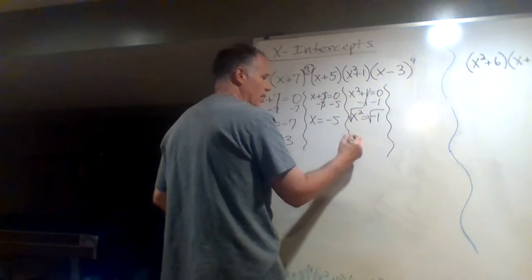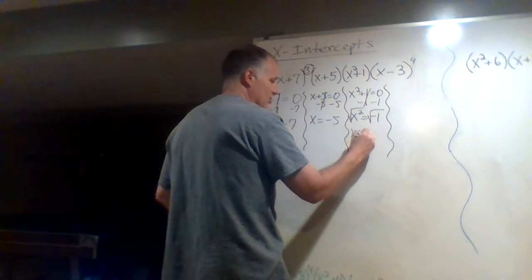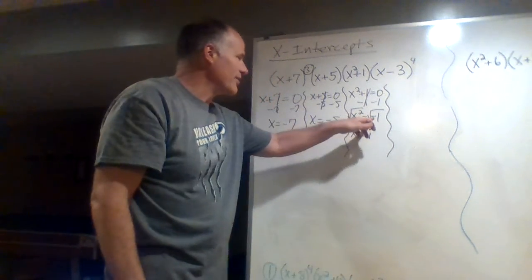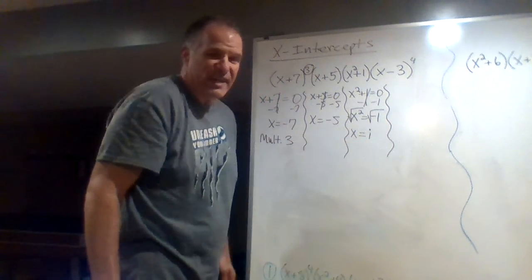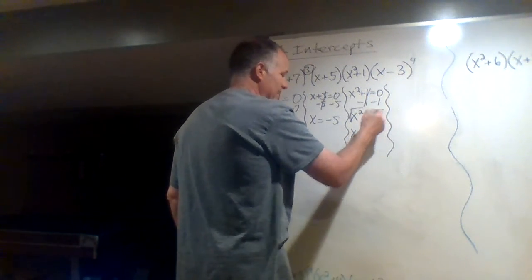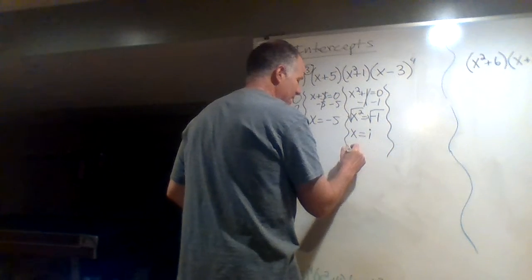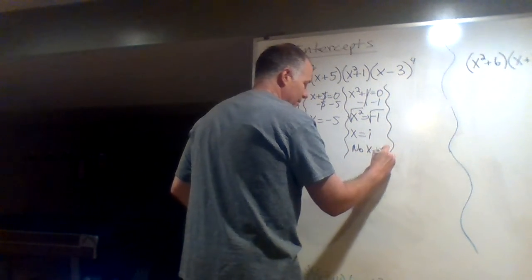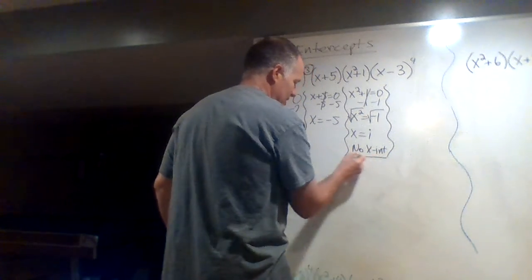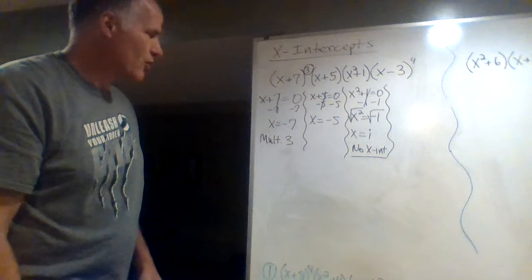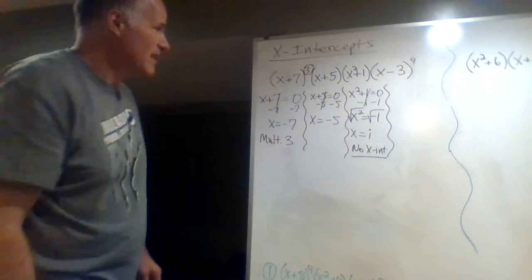The square root of negative 1 is just i. But remember, this is no x-intercept. So if you get the letter i, there's no x-intercept at all for that.